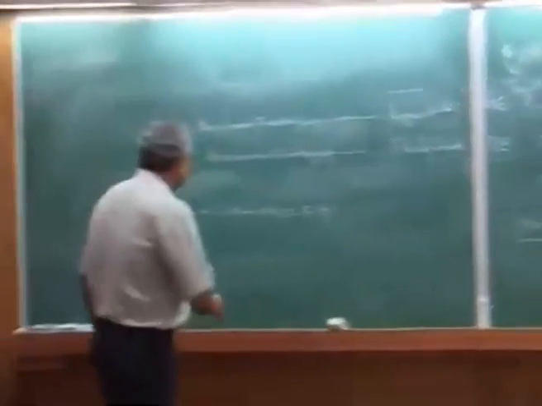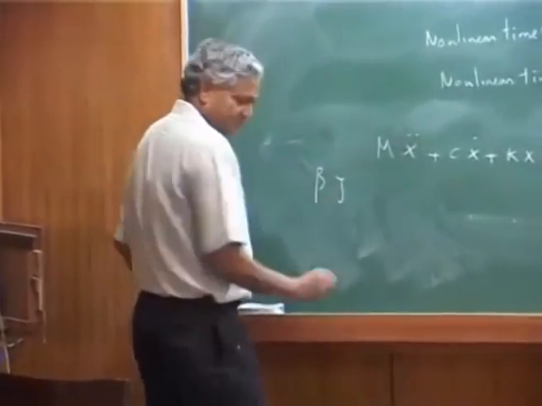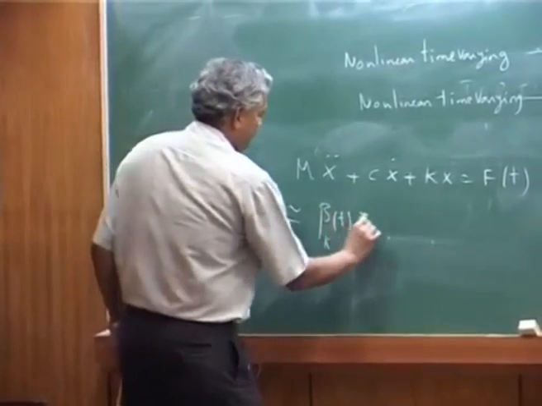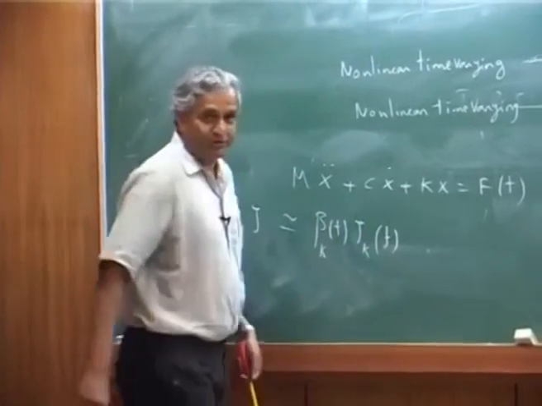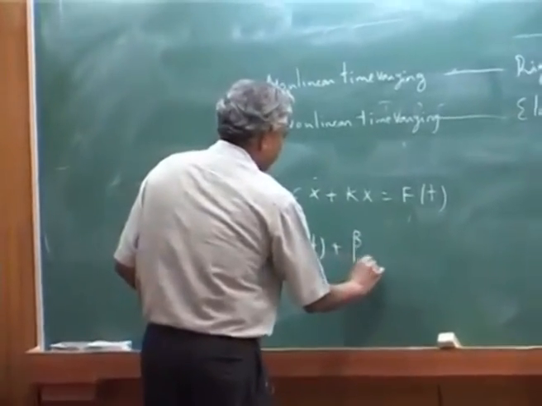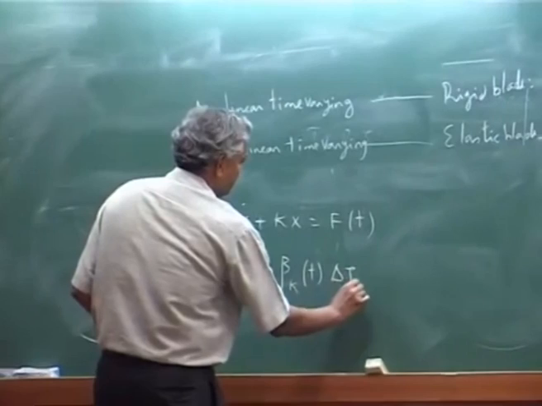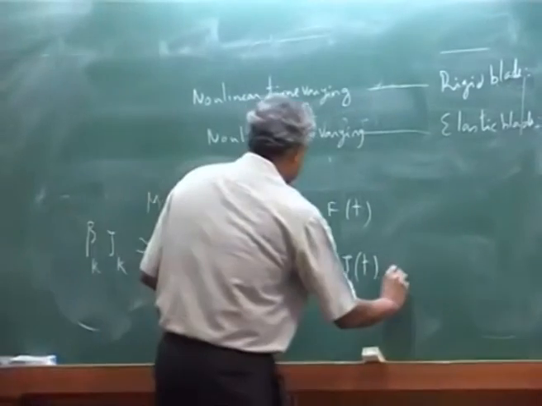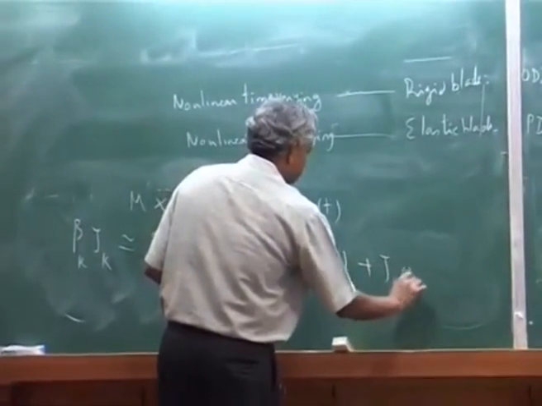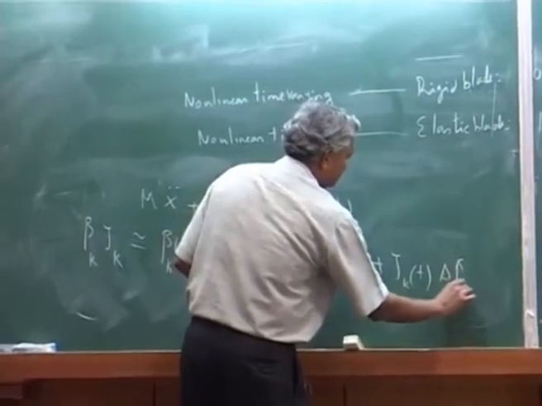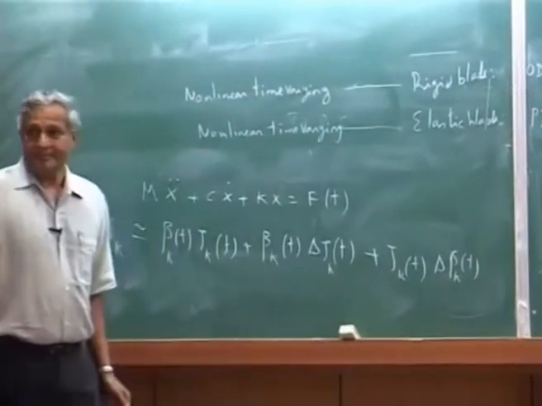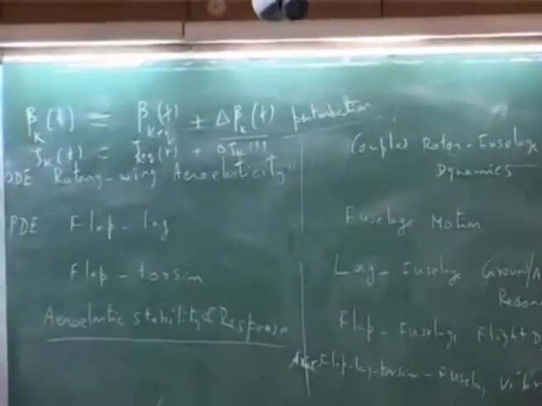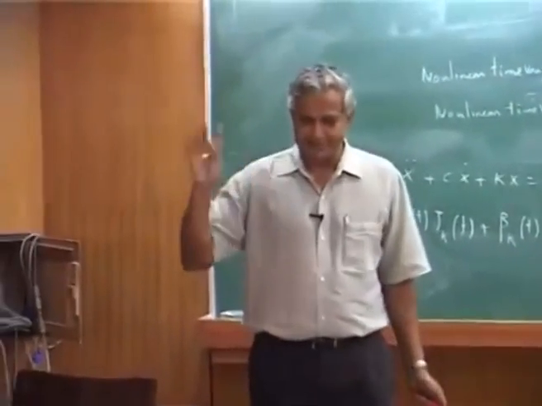That is, if you have a term like beta, zeta, which normally is there, you write it as beta k plus delta beta k, and then plus zeta k T delta beta K. The product of this perturbation, you throw it out. You say it's a higher order term, I don't consider it.